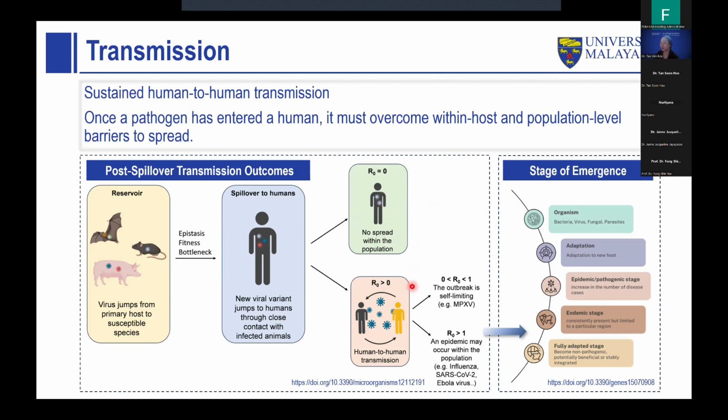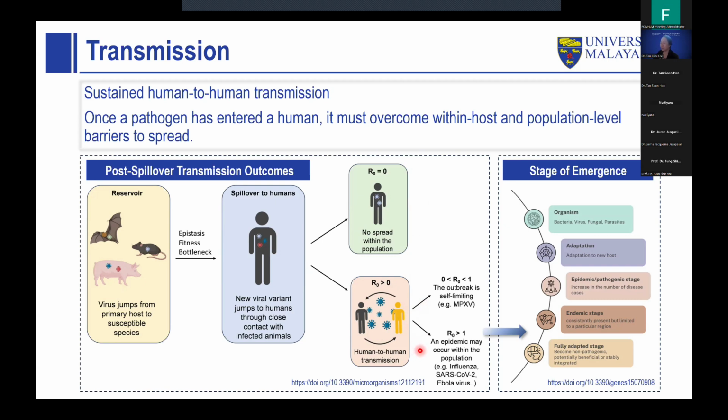In the other scenario, the virus can replicate in humans, and it can have certain infection and certain transmission, but it cannot have a large or very efficient transmission in humans. So the outbreak is usually self-limiting.